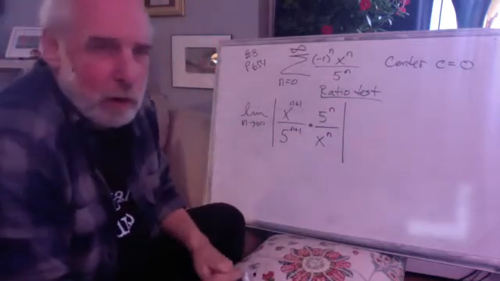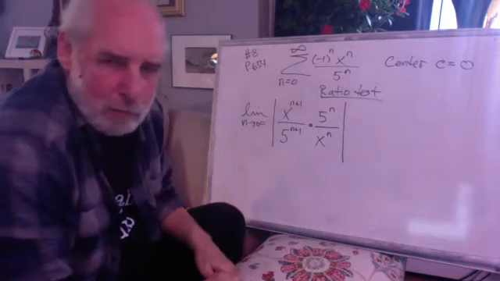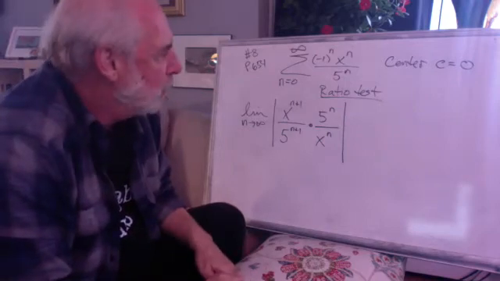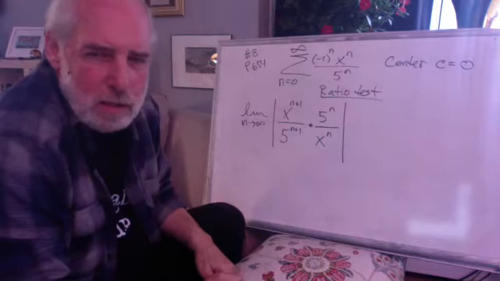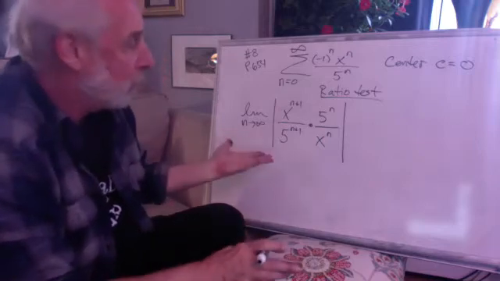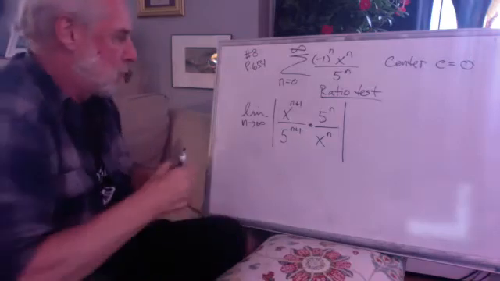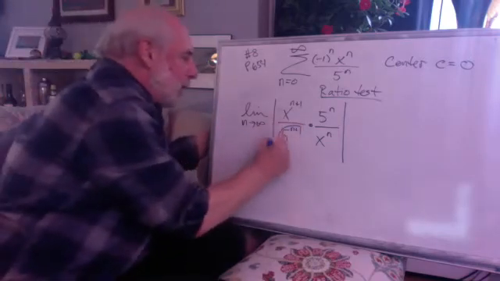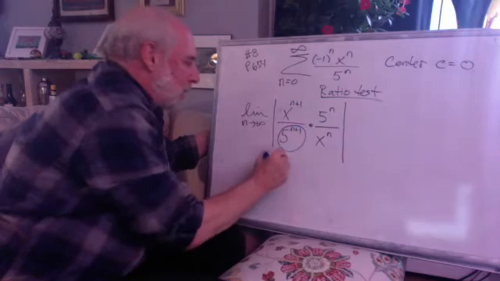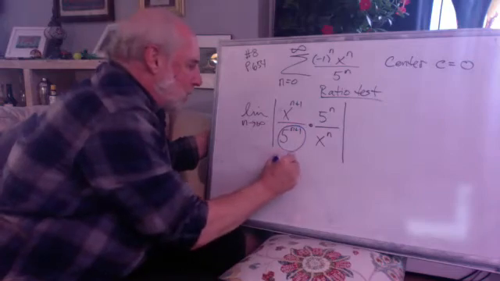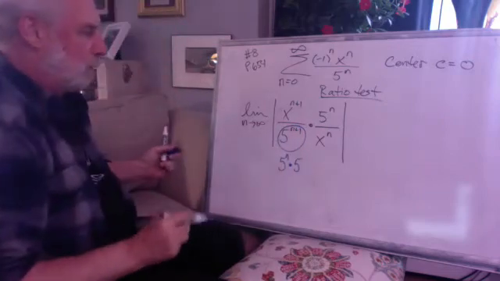All right, so I'm going to pause there for a second, see if anybody's got a question. Now, a whole bunch of stuff's going to cancel out. 5 to the n plus 1 is 5 to the n times 5 to the first.